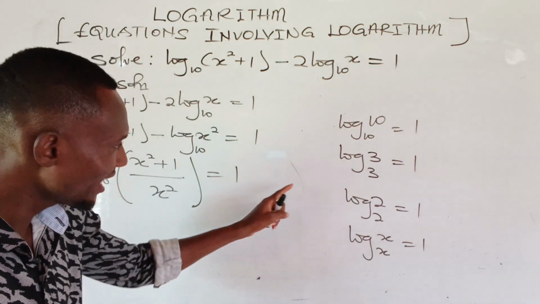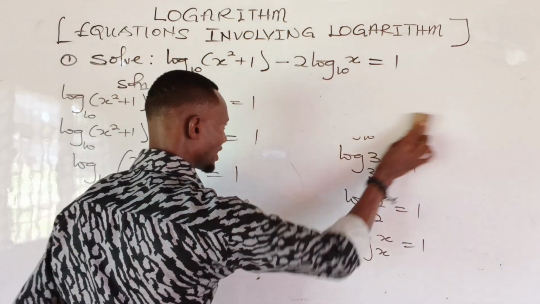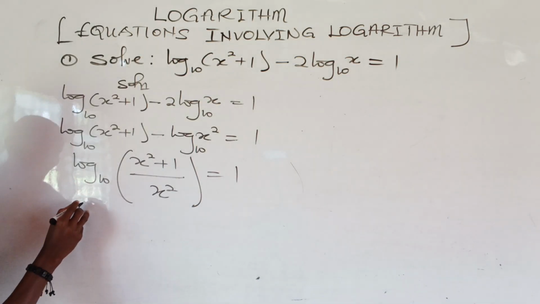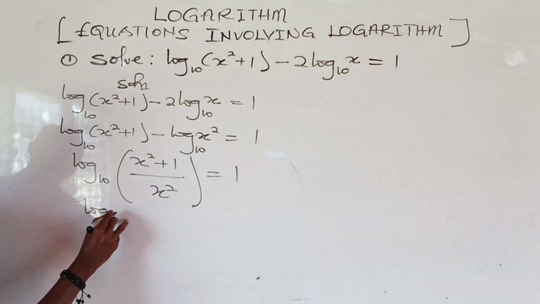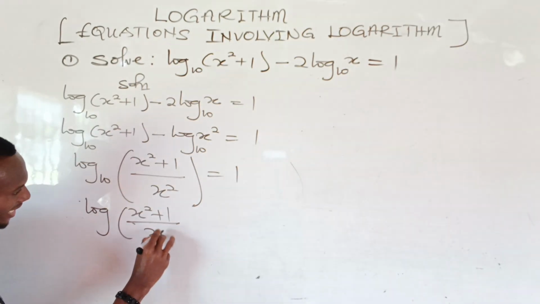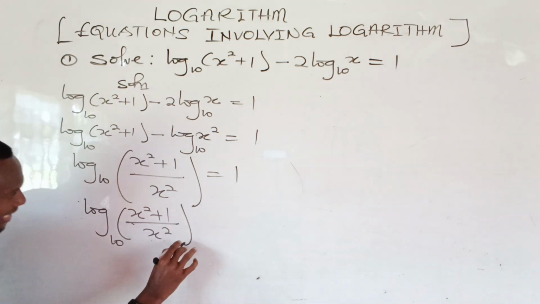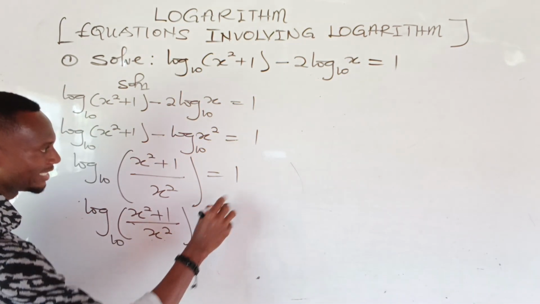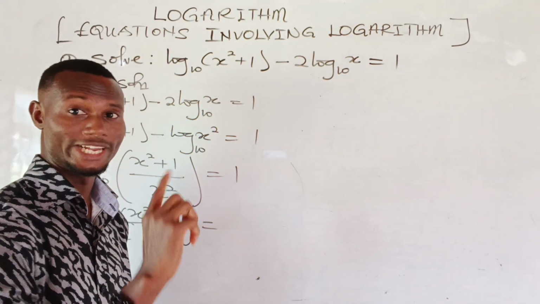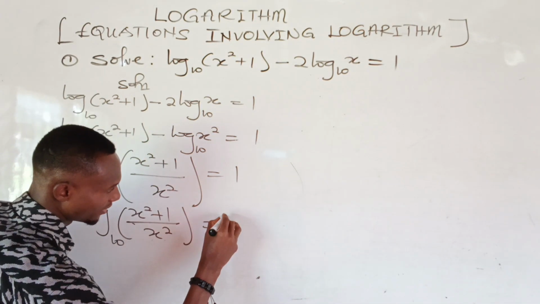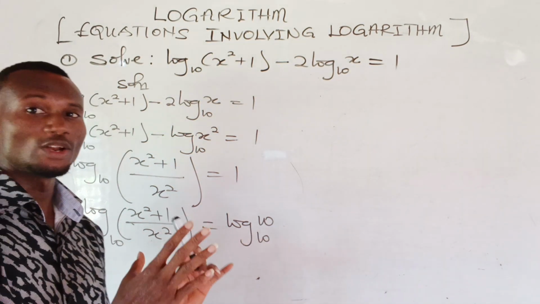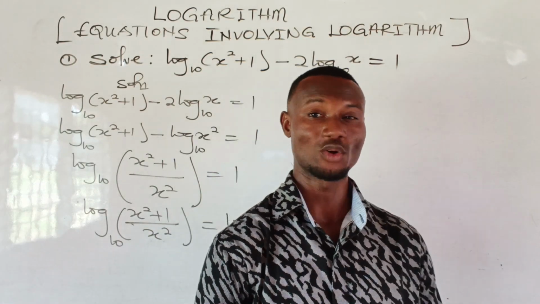So let's go ahead. I'm going to clean this from here so that we can solve further. So I'm just going to repeat what I have here, which is my log of s squared plus 1 over s squared to the base 10 in a bracket equals, then this one, as I've explained, I'm going to write it in a form that it will contain log, and that is going to be the log of 10 to the base 10, because the log of 10 to the base 10 is equal to 1.